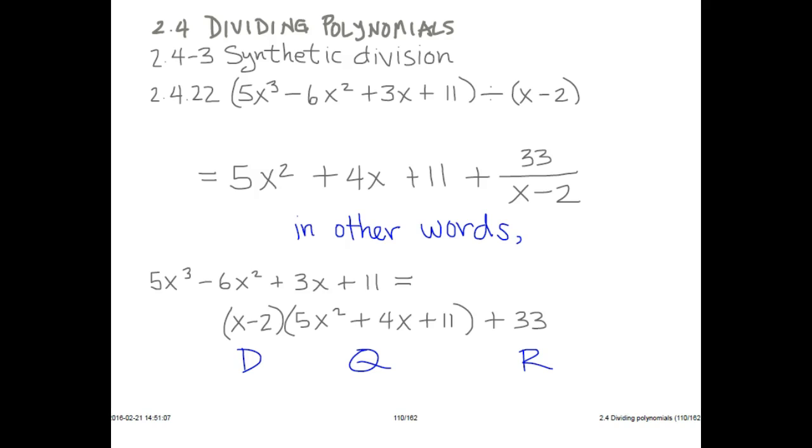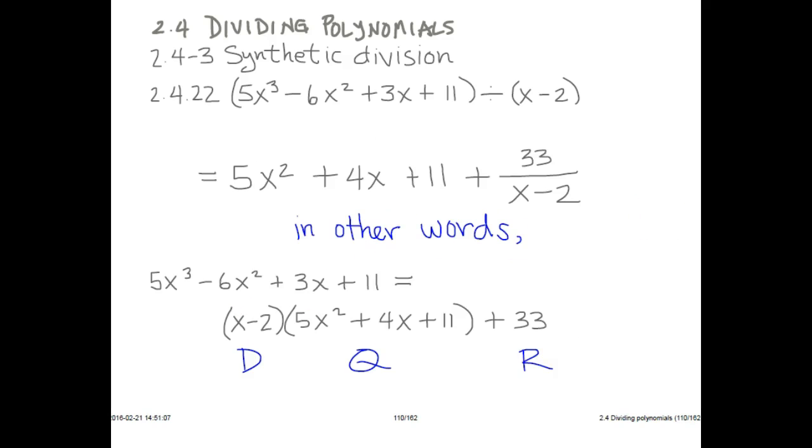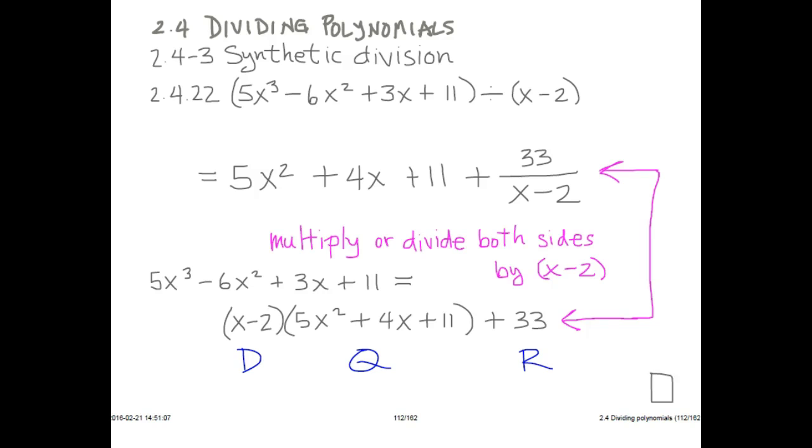I have from this 5, 4, and 11, 5x squared plus 4x plus 11, and my remainder over the original divisor, or I can write it in the second way. Writing it this way, we'll see what sense that makes in the section on graphing rational functions, which is 2.5. Those two mean the same thing.